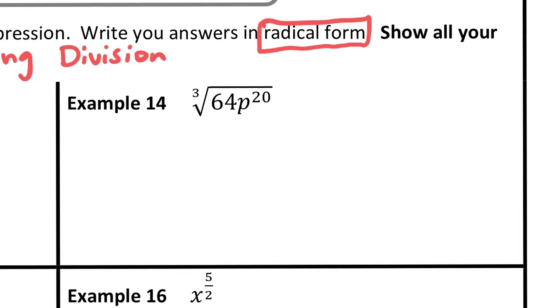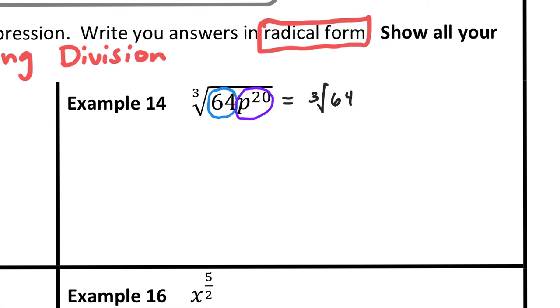I think the next one will. All right. So like I said, we have the number 64 and the variable and the power, and you can rewrite this so that they can have their own radical form.